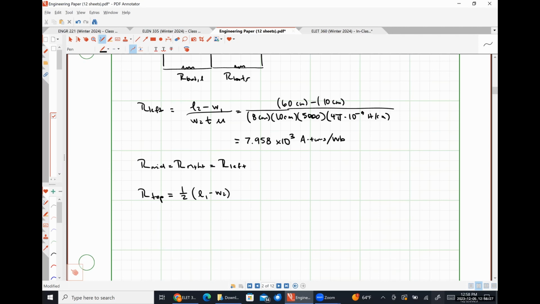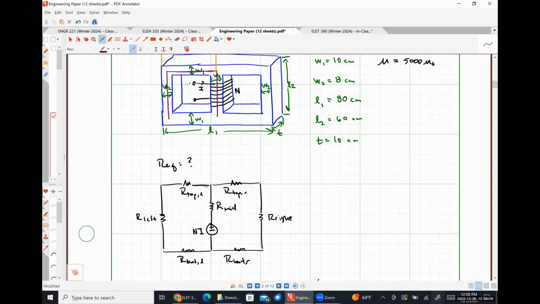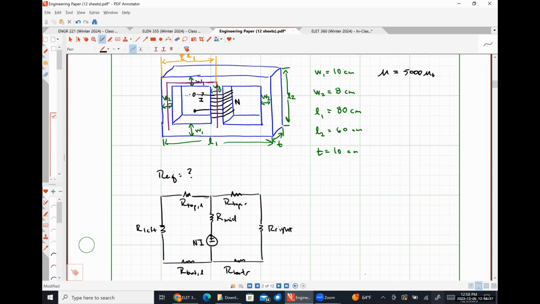So I can just distribute that factor of 1/2. Our cross-sectional area is going to be W1 times our thickness. So the cross-sectional area that I'm interested in is this cross-sectional area right here, which is W1 tall and T into the board.